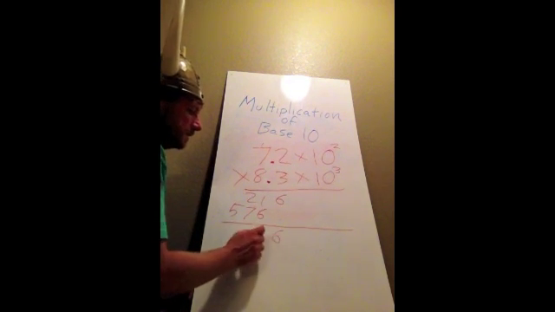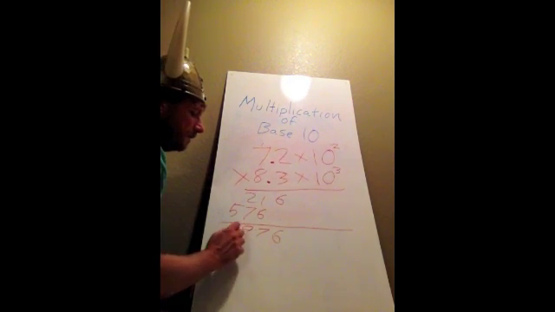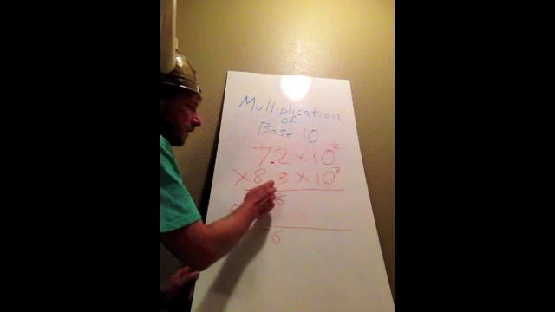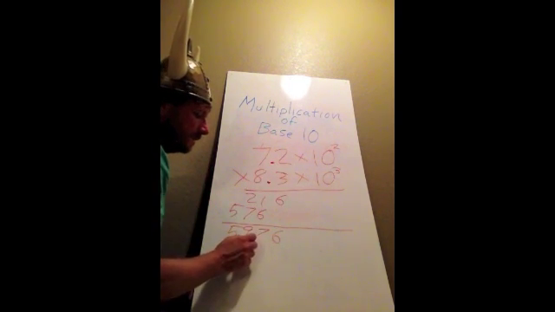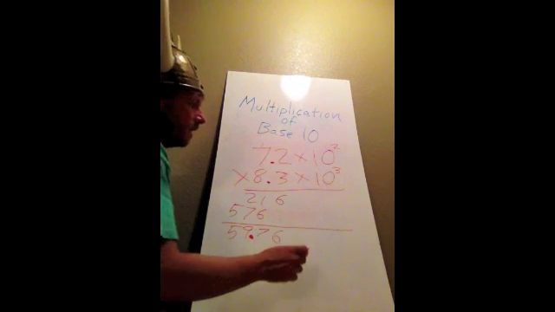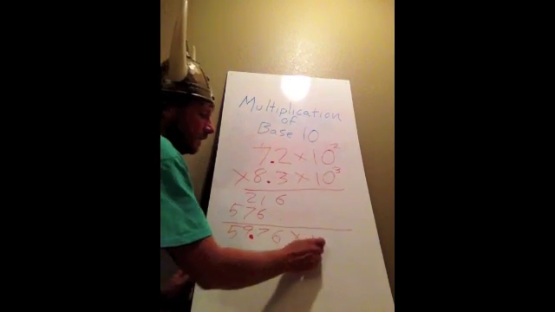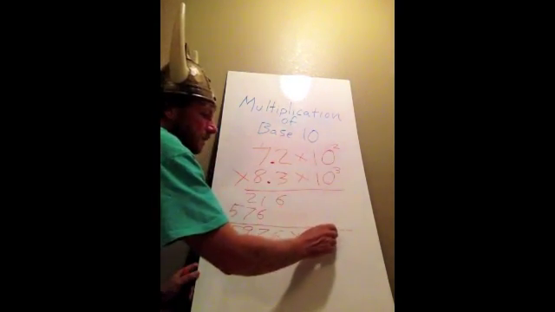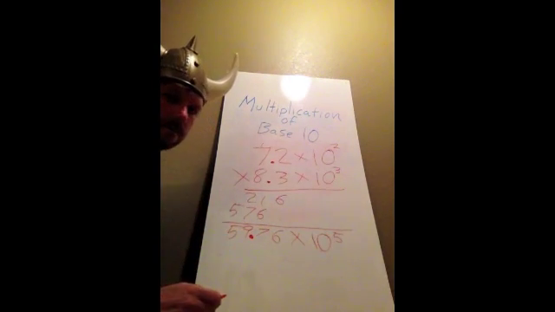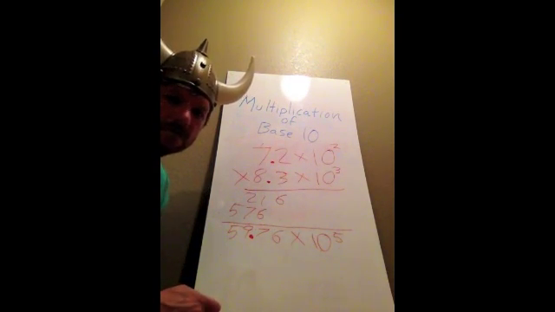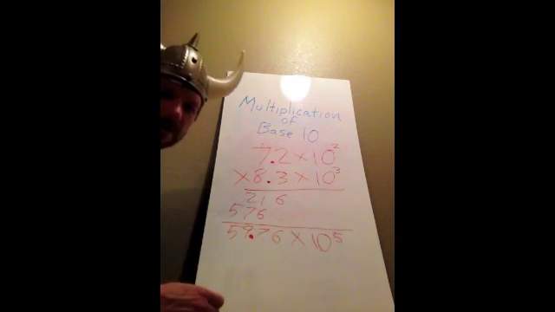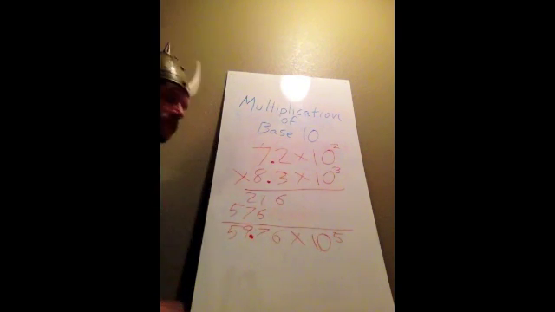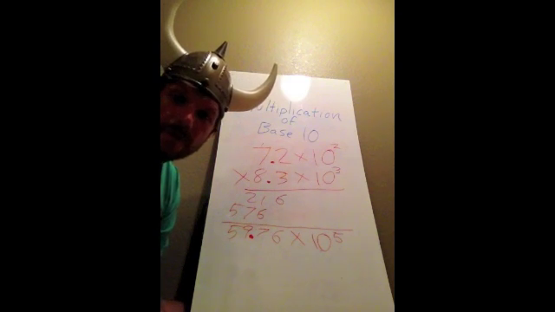So 6, 7, 9, 5. Decimal points. We've got 2 numbers behind the decimal point, so 1, 2. There's our new decimal point. Times 10 to the 5th. Not too hard. Now we know we have 5. Well, how many things behind the decimal point? 5, right? Okay.